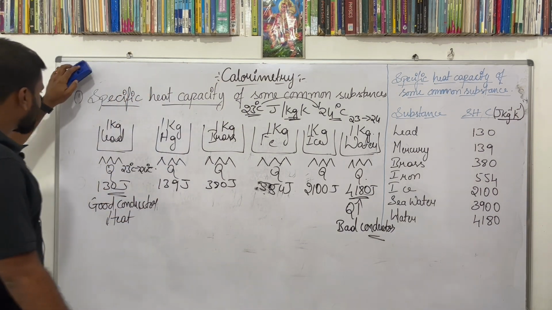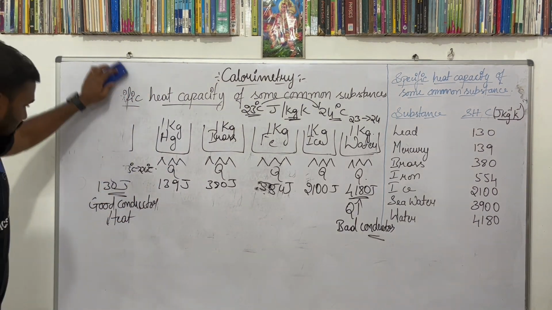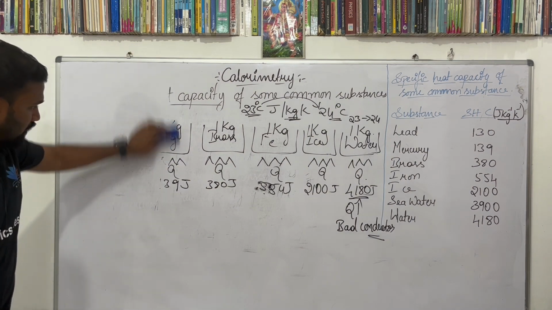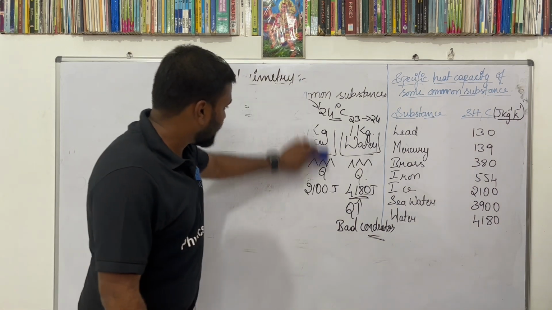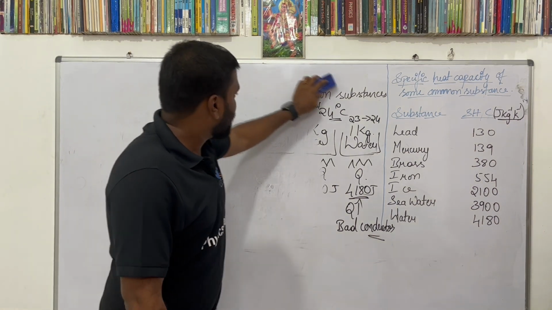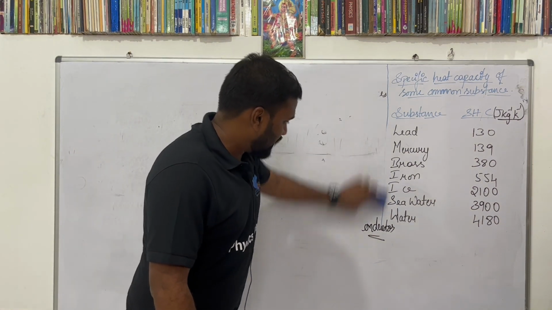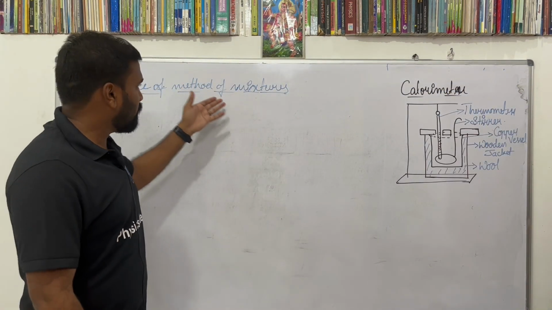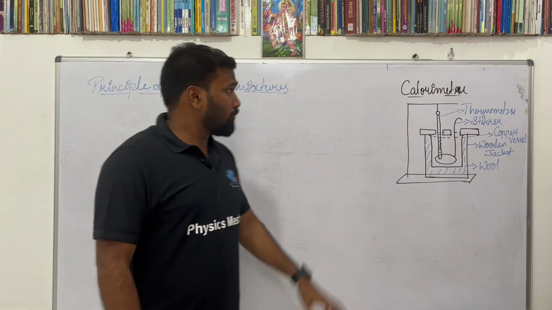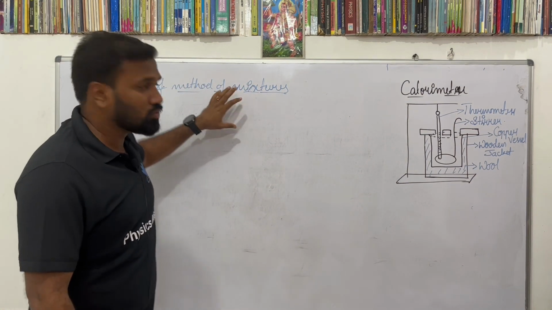Now let us move to the next concept, which is the principle of method of mixtures, or principle of calorimetry, with the help of a device called a calorimeter. In order to understand this, there is a derivation.